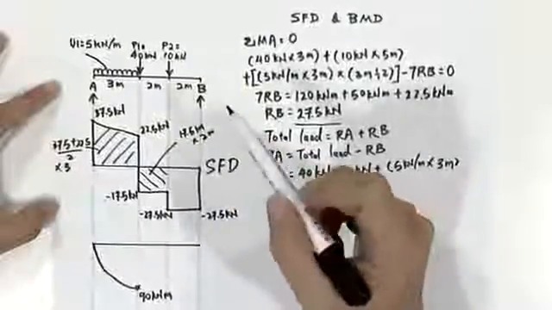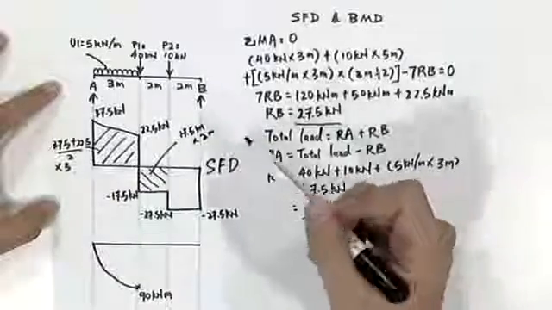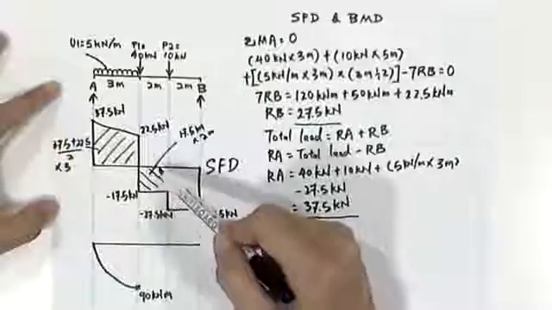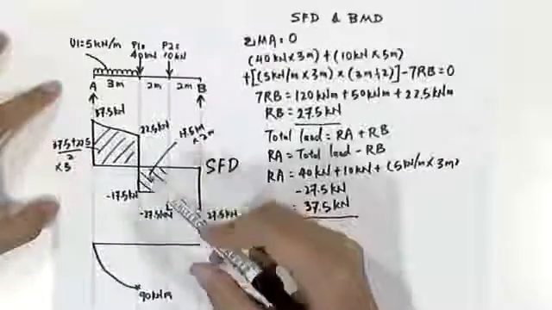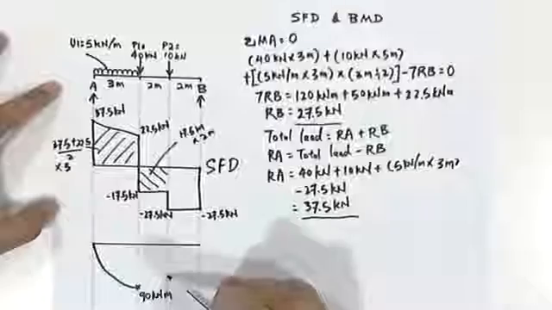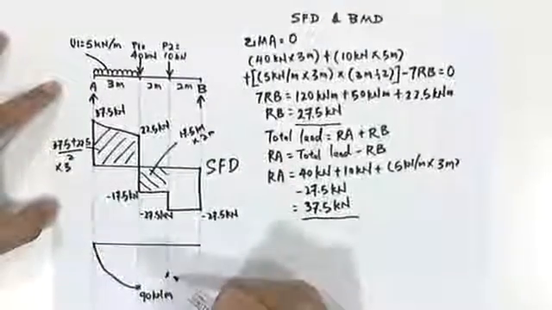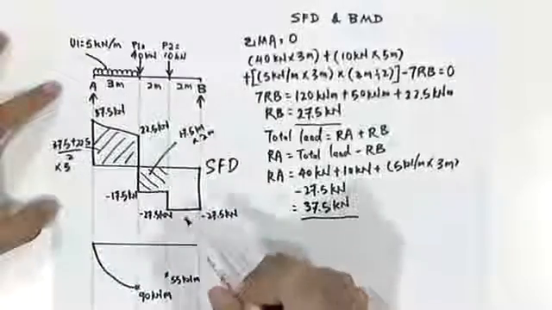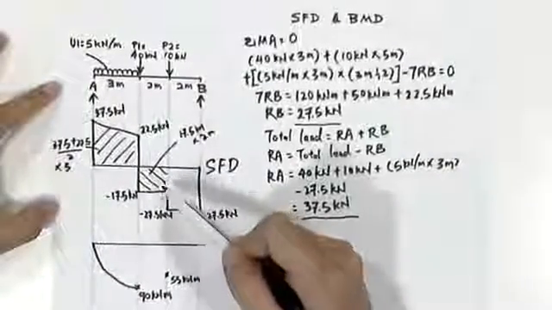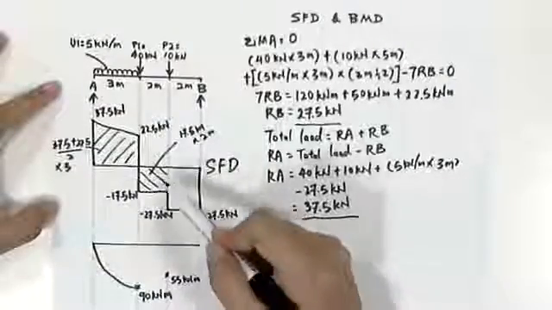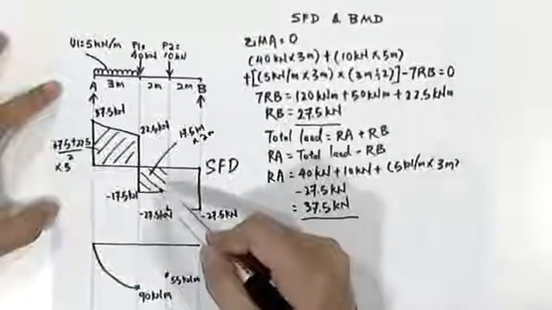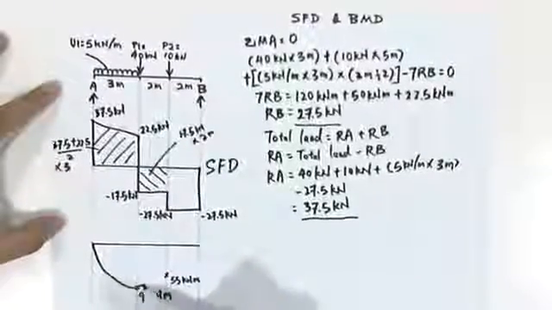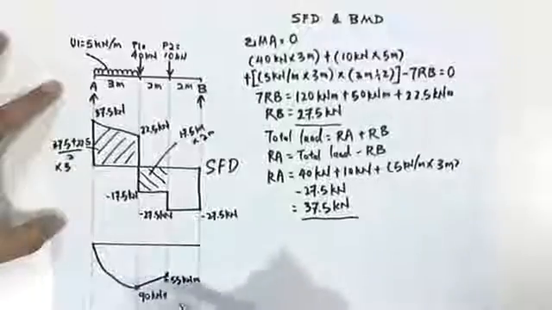So the total area deducted by the new area will give a value of 55 kilonewton meter. Since it is a straight line in the shear force diagram, therefore we'll draw a linear line in our bending moment diagram.